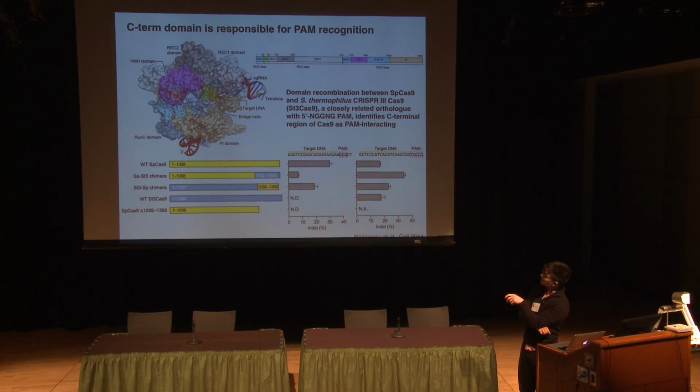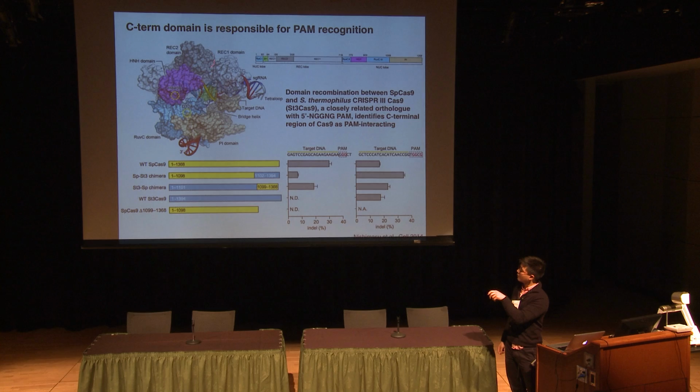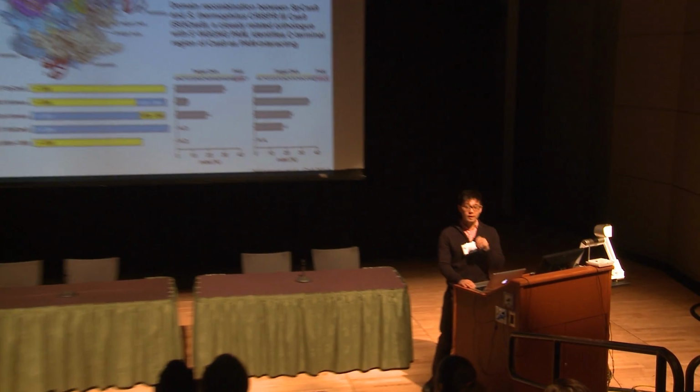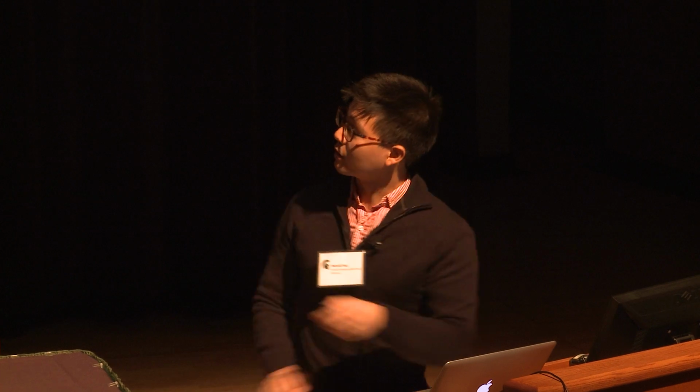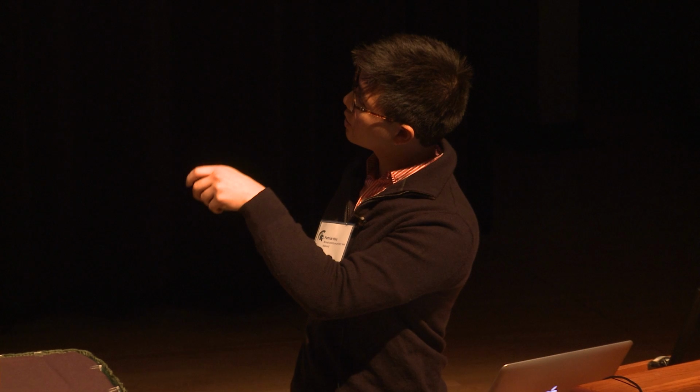It doesn't have direct contact with the RNA-DNA hybrid. By truncating this domain, which by the way is variably conserved in shorter Cas9 orthologs, you're able to generate a truncated version that is much shorter but still has significant on-target activity.